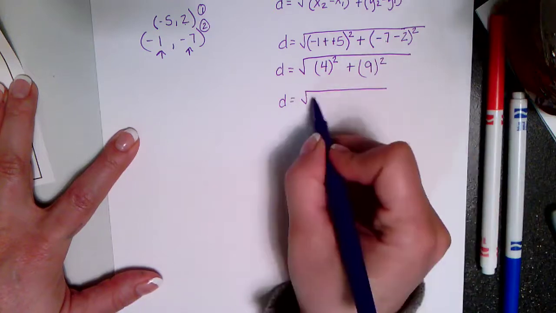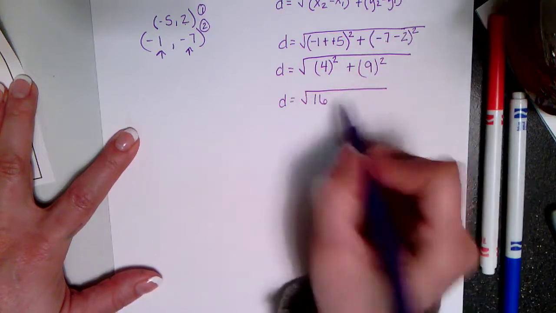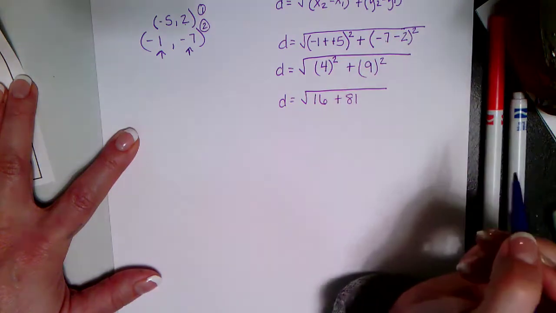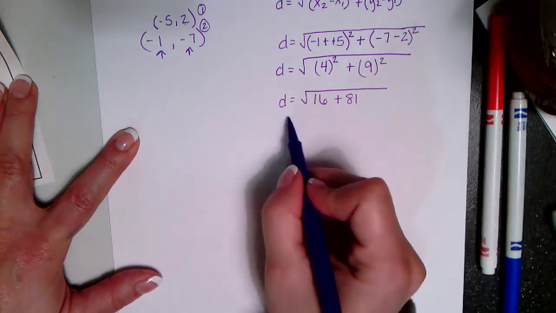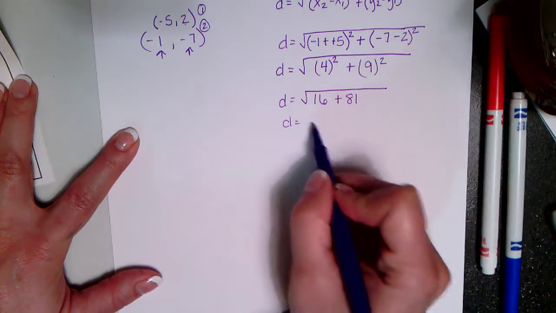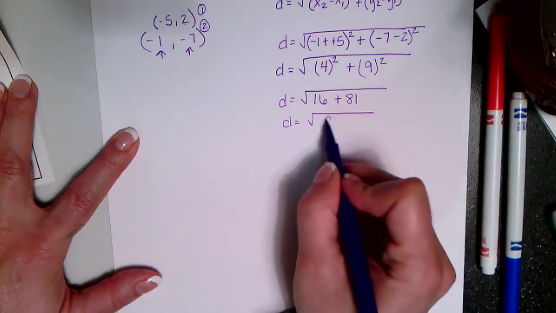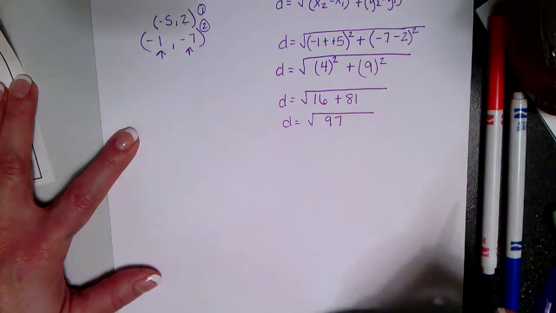So this is really going to be, the distance is 16 plus 81, which is the square root of 97.